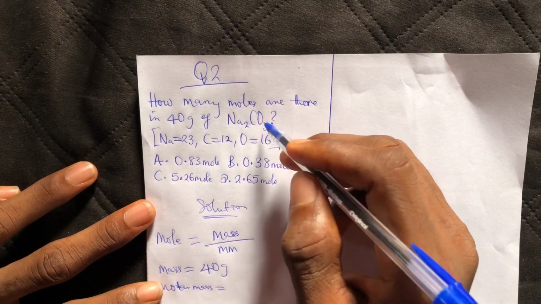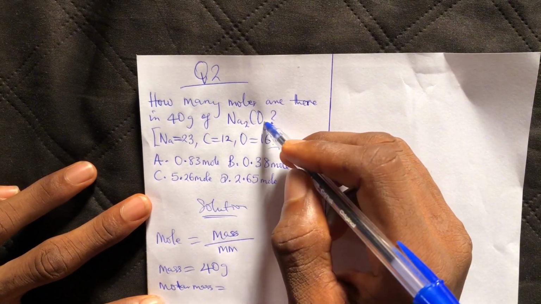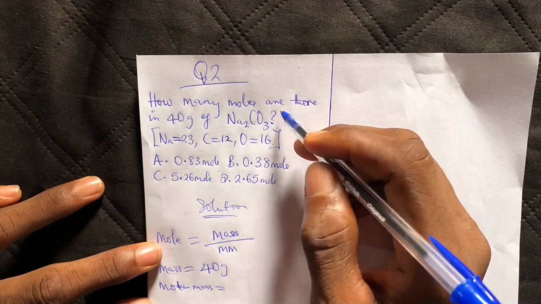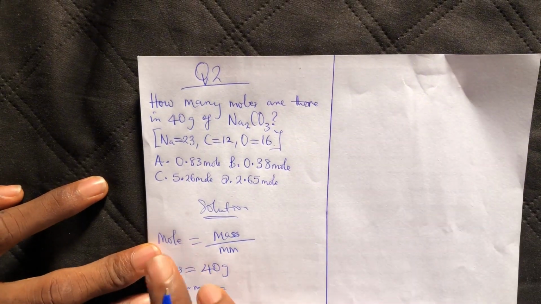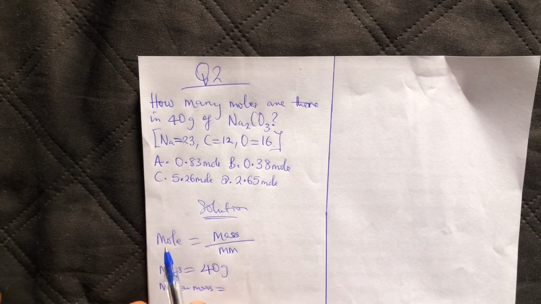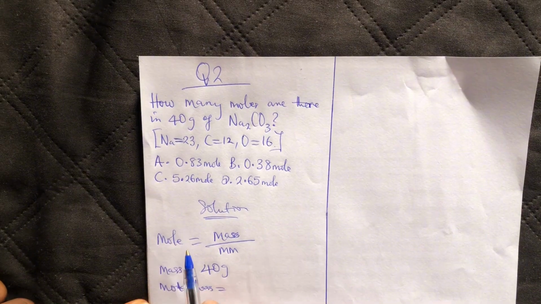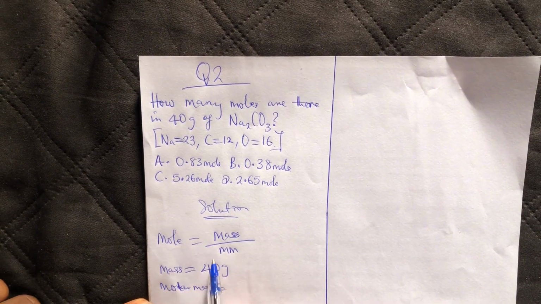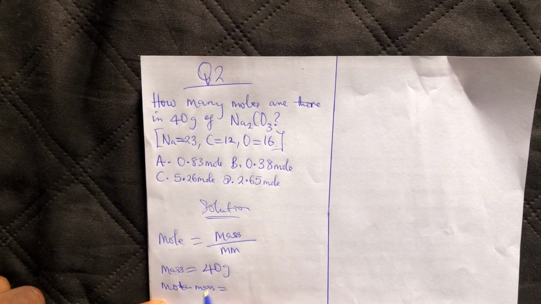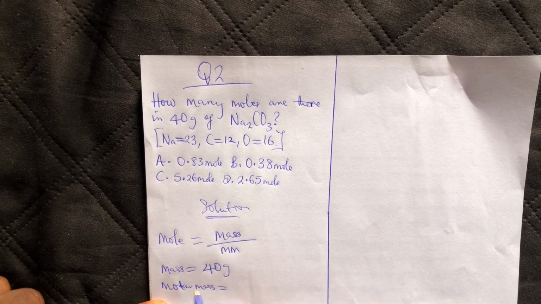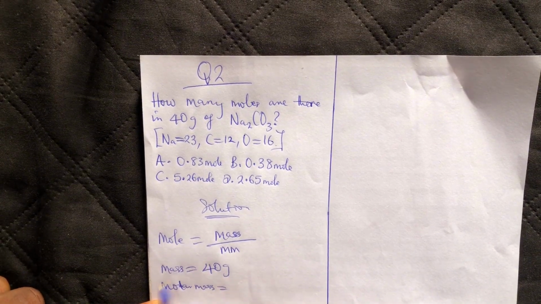That is where we're going to get our molar mass from, all right? So the question is how many moles? We are asked to look for mole, all right? So for us to get our mole, we need to get the molar mass. And if we can get the molar mass, then we can get our mole as fast as possible.